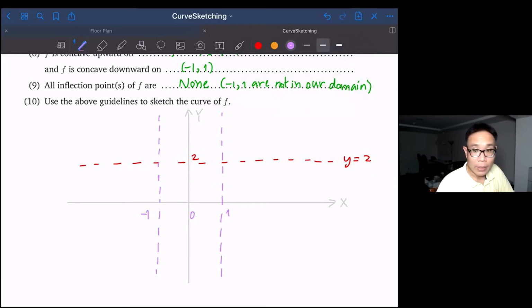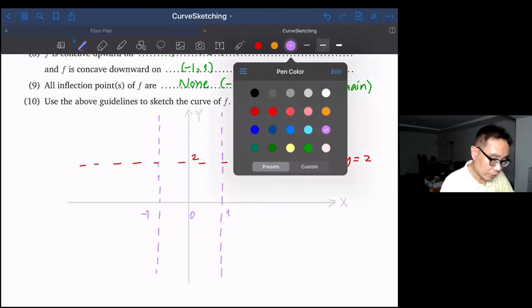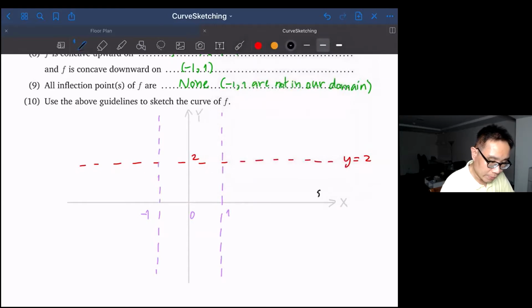Okay, and then you're going to gather the signs. Let me write down the sign of f prime, and you're going to have the sign of f double prime.